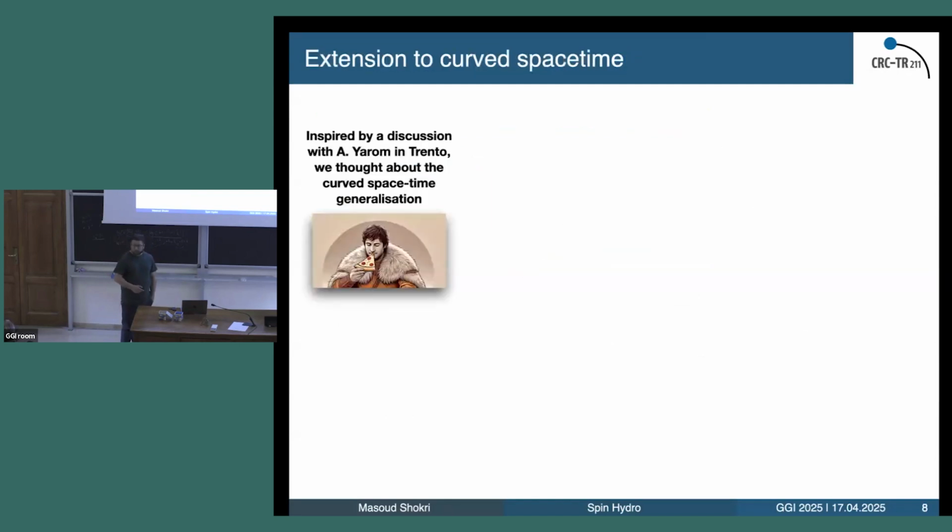And then when I was in Trento, and Amos showed me what happens using the variational approach for the energy momentum conservation, I thought about how we can extend this definition to curved space-time.